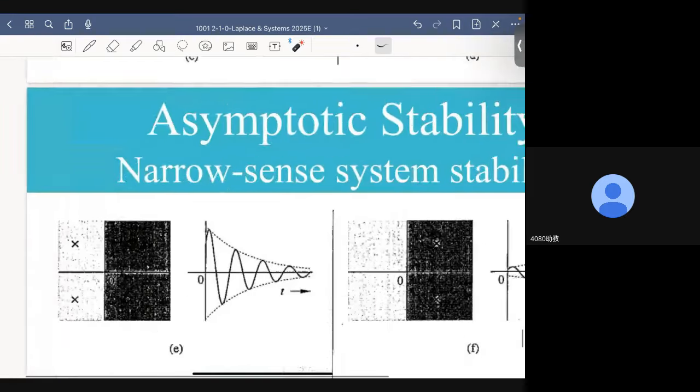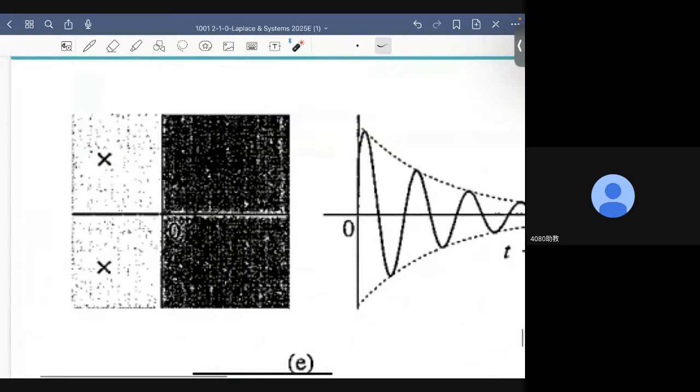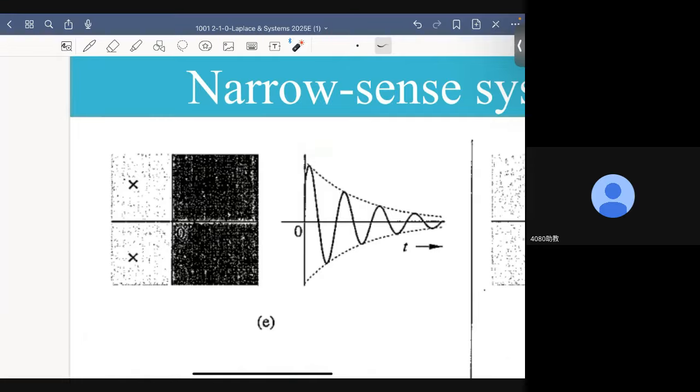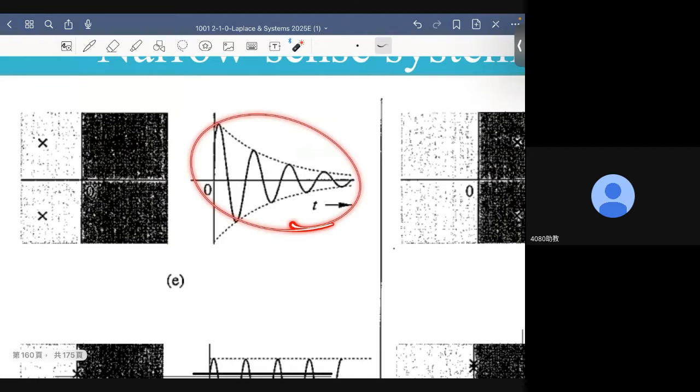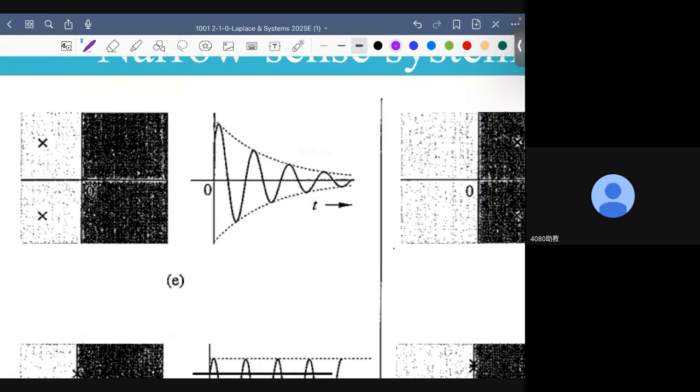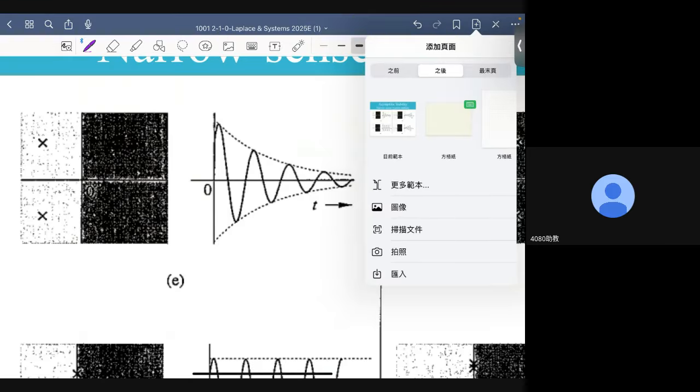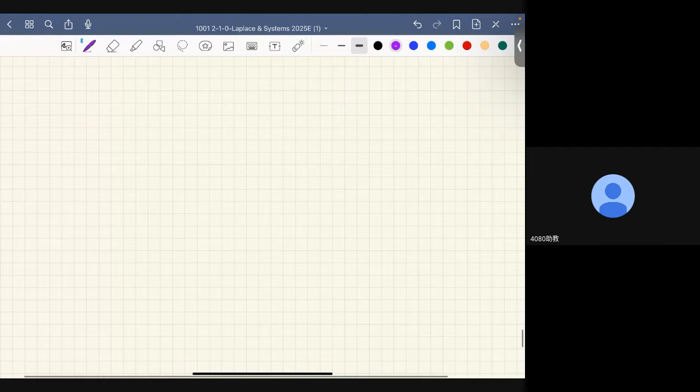Okay. Now, let's say here I have a pair of complex conjugate poles. All right. And the response will look like this. Why is this the case? Remember, we talked about this before.